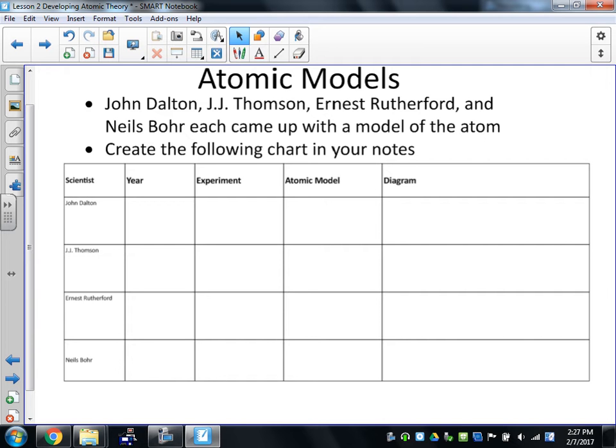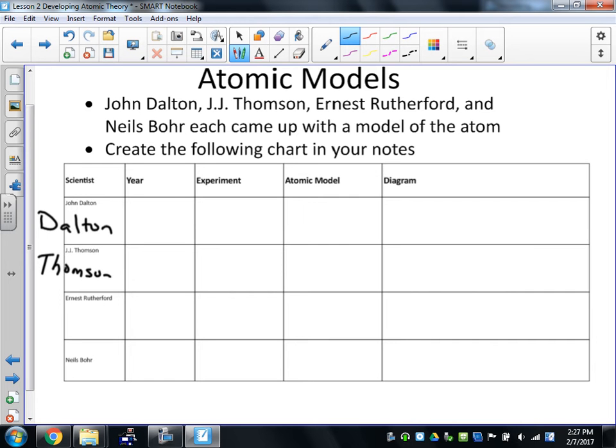So, once again, Dalton, Thompson, Rutherford here, and Bohr.